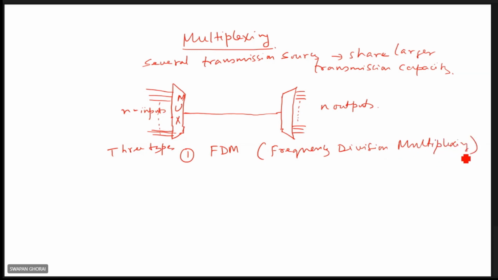FDM is for analog signaling and is widely used in radio and television. For digital signaling, synchronous TDM, synchronous time division multiplexing, is widely used.